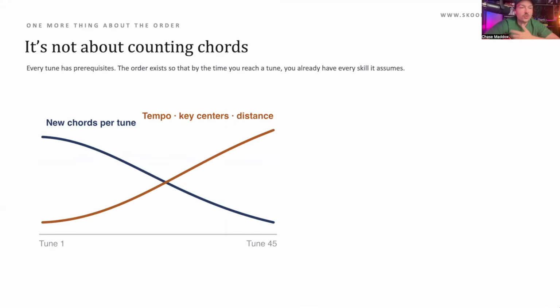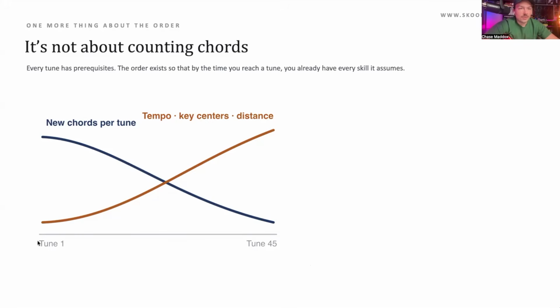So if we have new harmonic information, that's new voicings that we may or may not know, or understand what chords are in that key, vocab to play over those chords or over that sound, whether it's melodic minor, harmonic minor, major, different modes, etc. So the chords are acting as this proxy of the amount of new harmonic information that we should understand and have mastered. It's not really about specific chords.